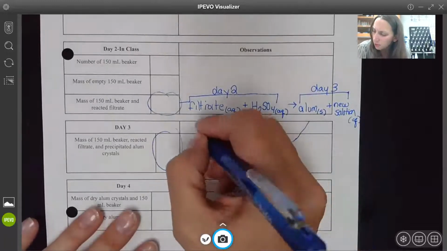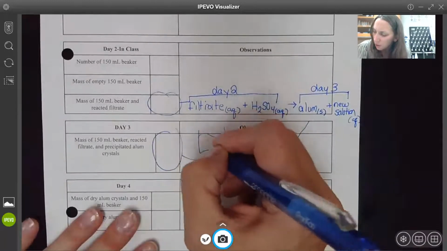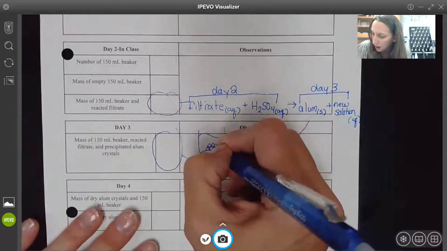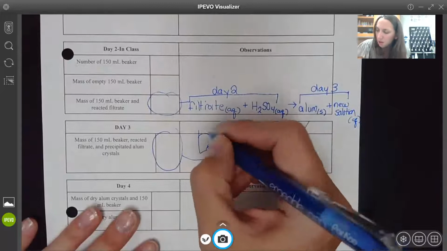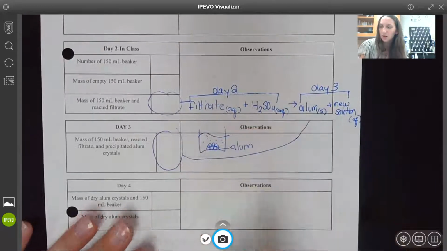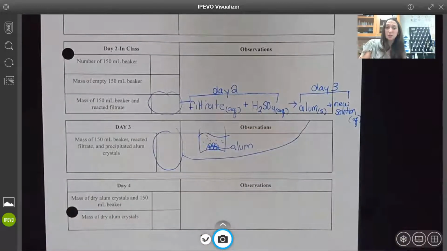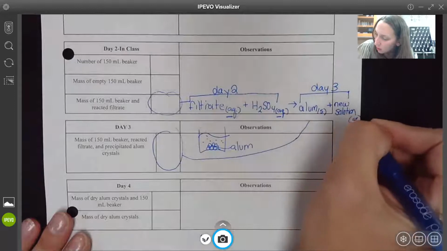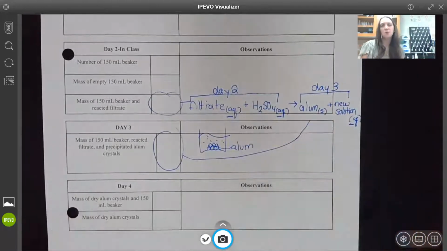Okay, well, think about that beaker again. You have your solid alum at the bottom. And then you have all these other ions floating around in a substance. What substance are those ions floating around in? I'm underlining right now the AQ. Think about what that stands for.